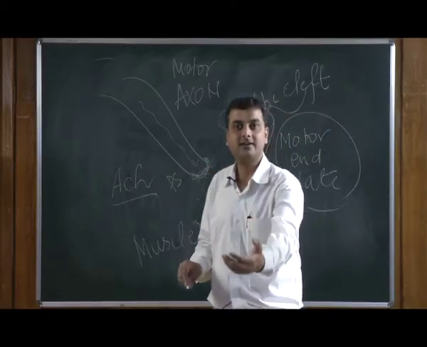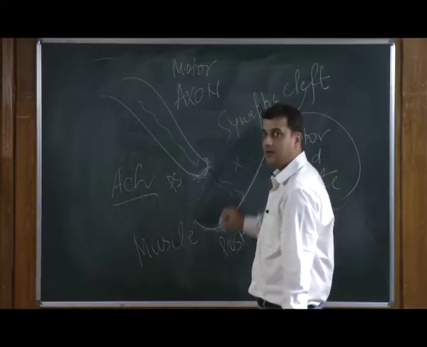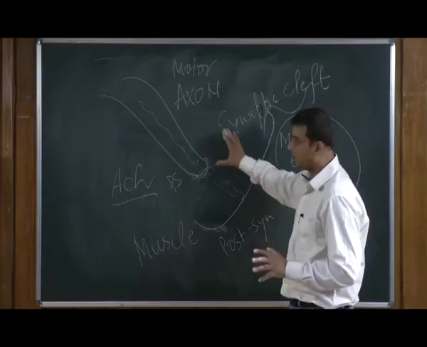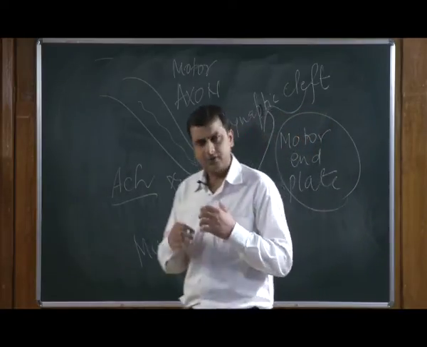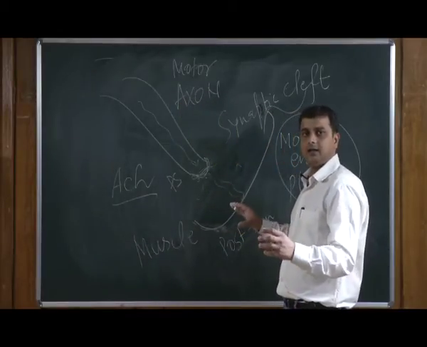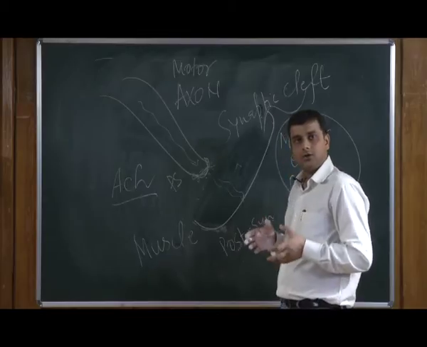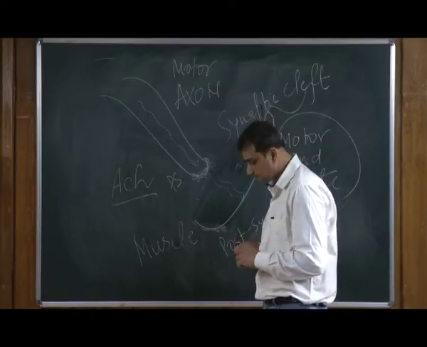If it is not transmitting properly, there is no contraction. So this is another reason for myasthenia gravis. Of course, there are many others, but these are some of the very effective ways to understand the disease condition.